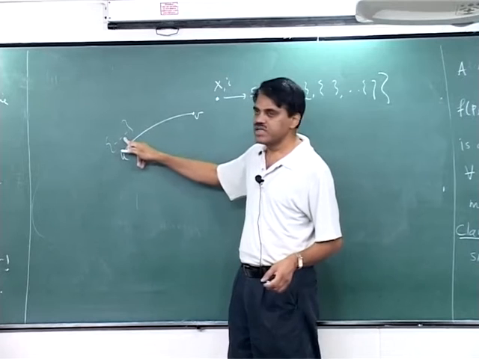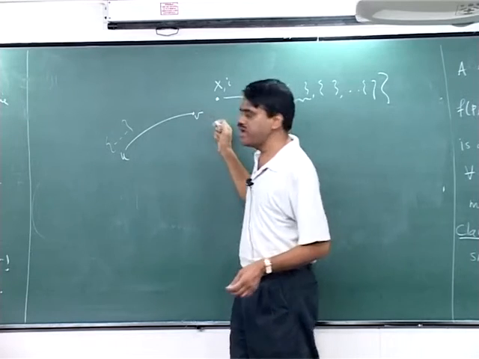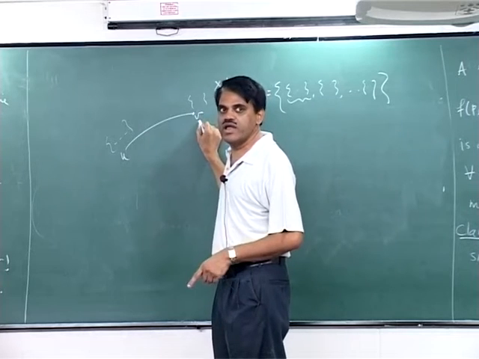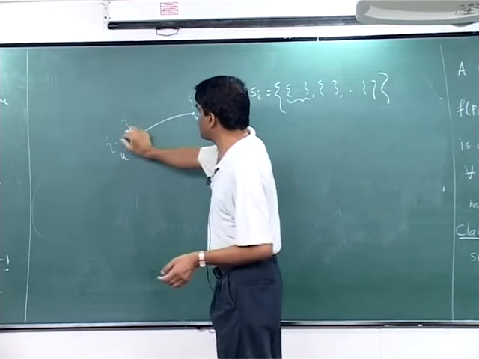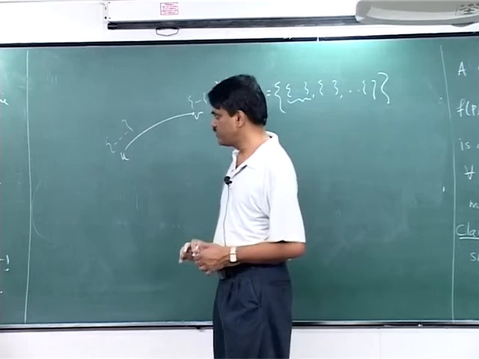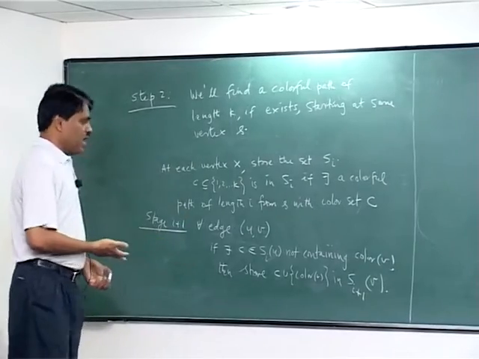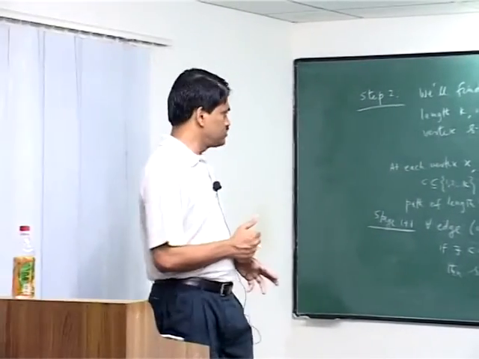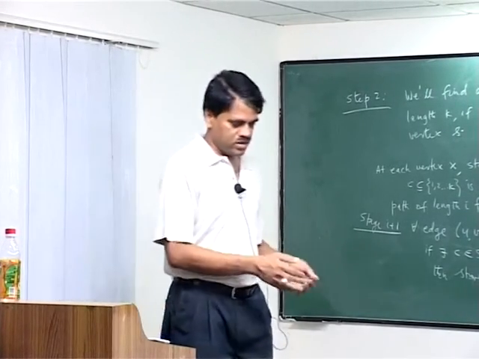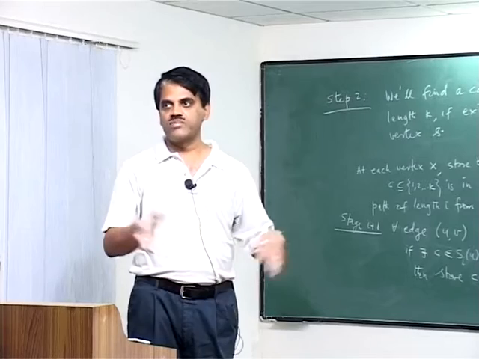And see whether any of these sets does not contain the color of V. If so, I'll take that set and the color of V, add it, and put it at V, because at this point I know that there is a colorful path of length i plus 1 ending at this vertex with the color set being that set plus this color. That's all that's happening. Okay, and that's it. Just keep doing it, and you go through k stages, because I'm looking for colorful paths of length k, and finally, look at S_k of any vertex. If it's non-empty, you know that there is a colorful path of length k.